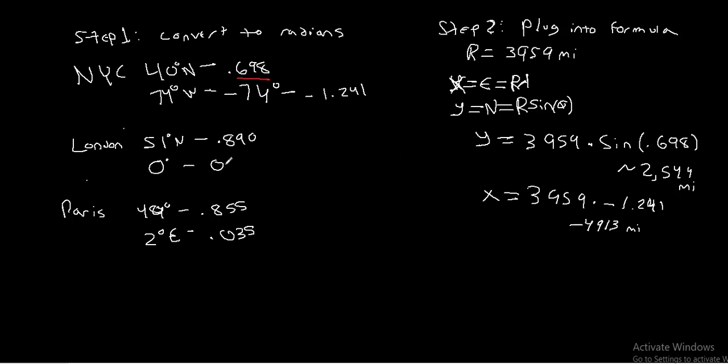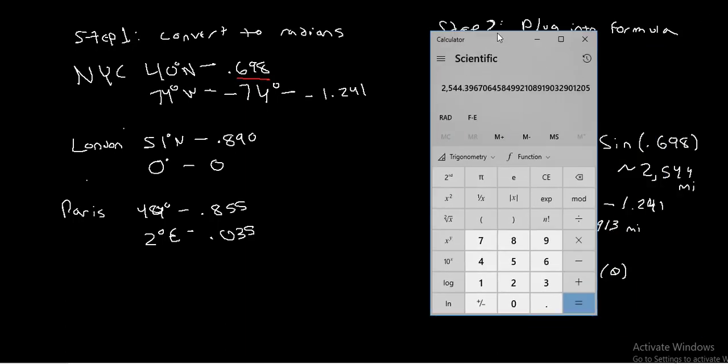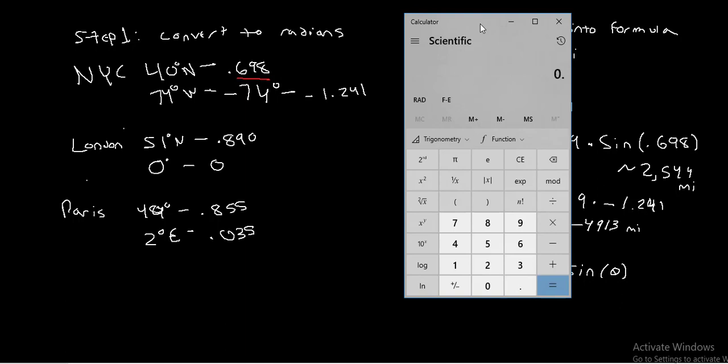So let's look at London. We're going to do the exact same thing. Our y, which is our northing, is going to be equal to r sine theta. Our theta is 0.89. If we take the sine of that, we get 0.777.